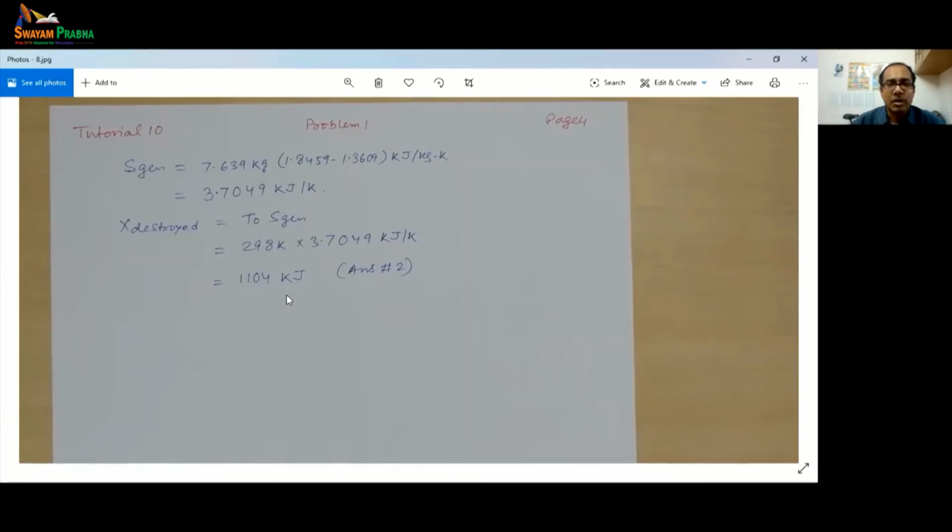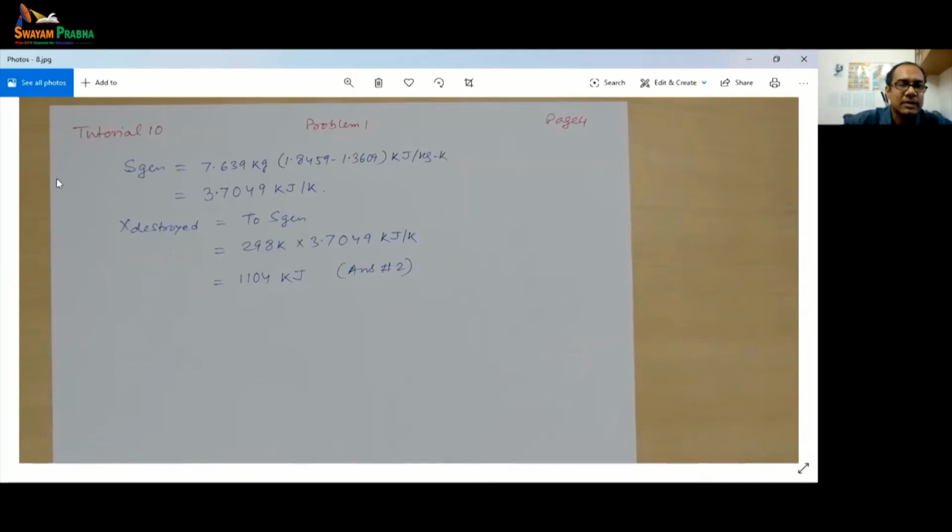You cannot convert all the heat into work. Whatever heat is convertible, that means the Carnot heat engine value, out of that, how much you can convert. So exergy gives you the amount of work potential for any heat. Here, exergy destroyed means this much work potential is simply lost.